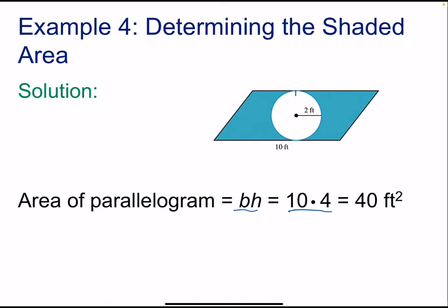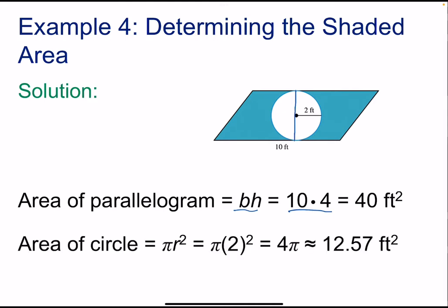So the height is 4. Now, the area of the circle equals pi r squared. Pi times r, the radius of the circle, 2 squared, 4 pi. Roughly, if you want to keep 2 decimal points, it is 12.57, where pi is approximately 3.14.